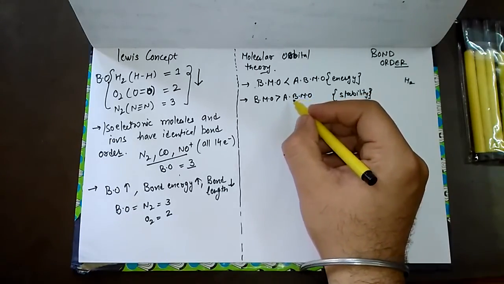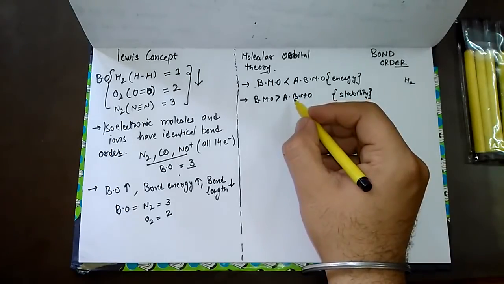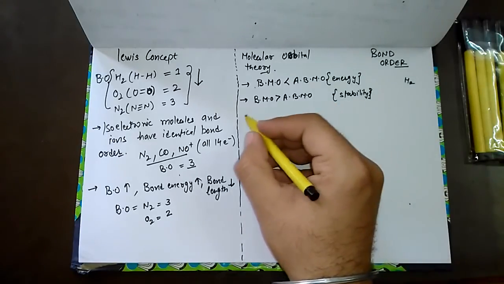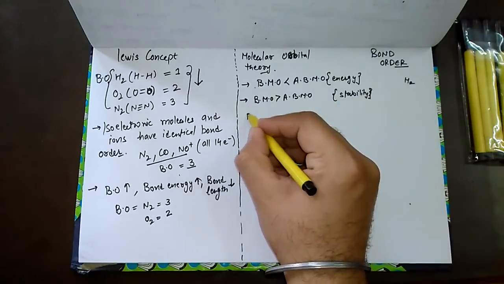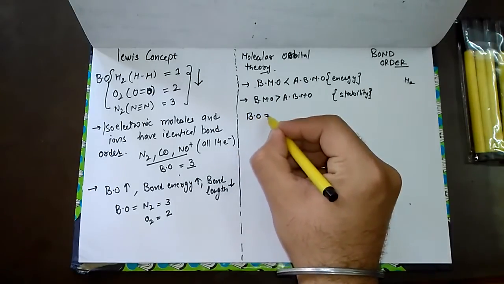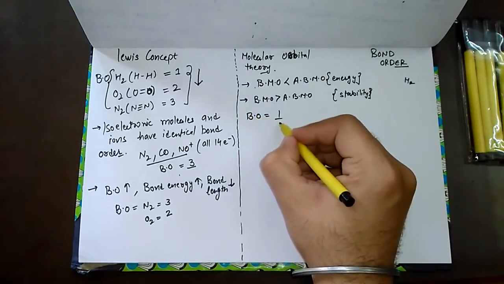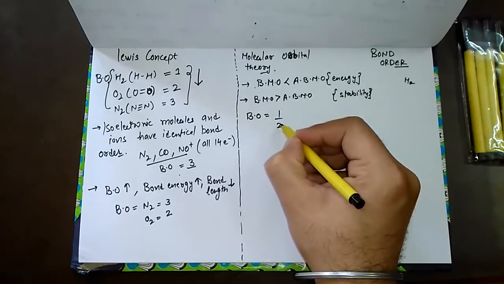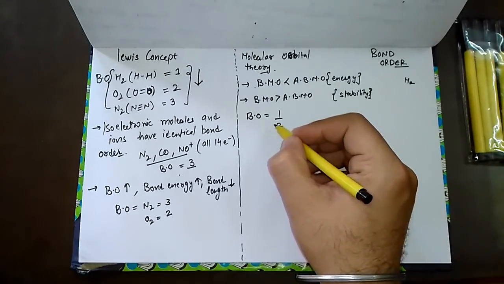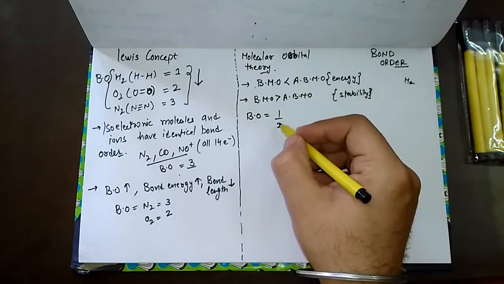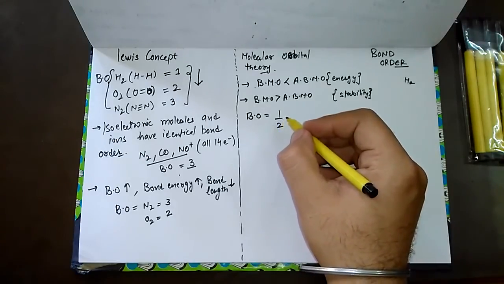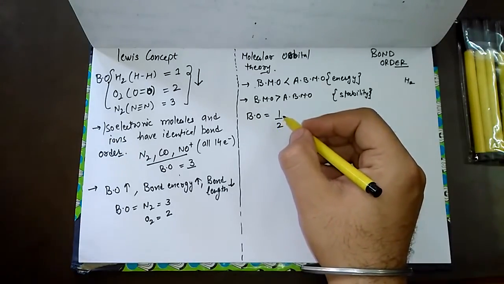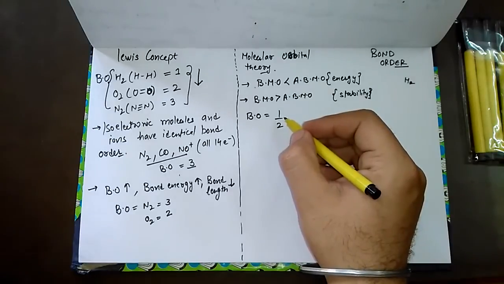The stability can be easily predicted with the help of a formula by finding the bond order. Remember this formula, otherwise you will not be able to calculate bond dissociation enthalpy, bond order, bond length, number of bonds, or find the behavior, whether it is paramagnetic or diamagnetic, the nature of the substance.